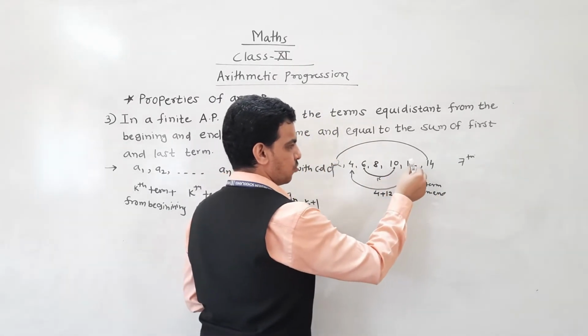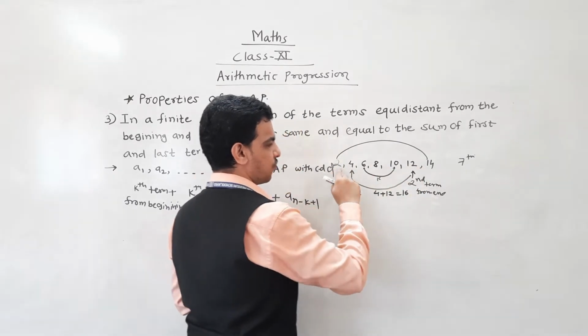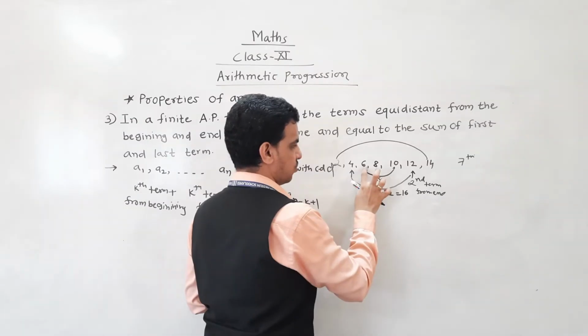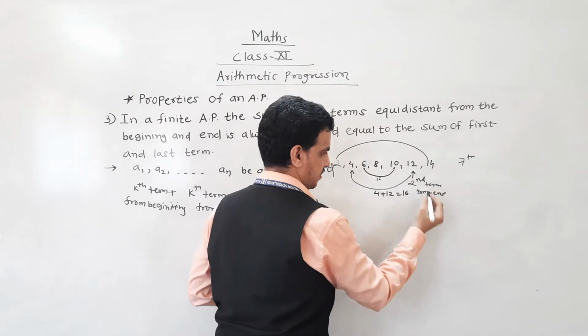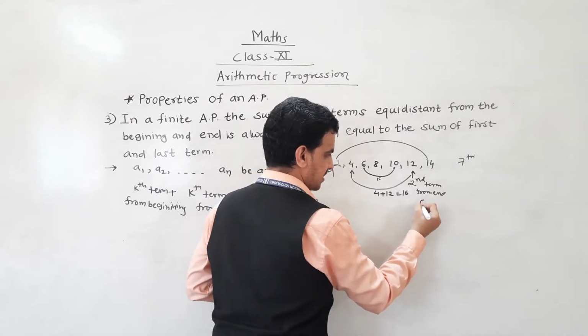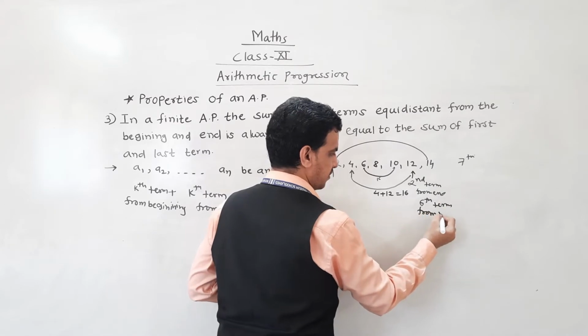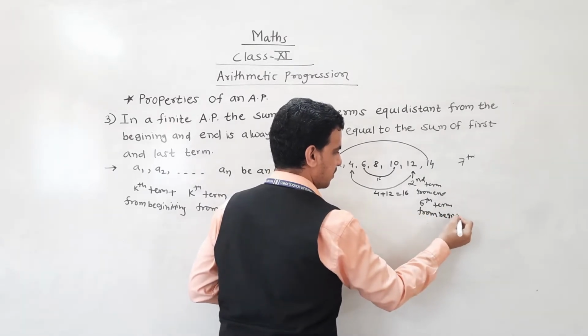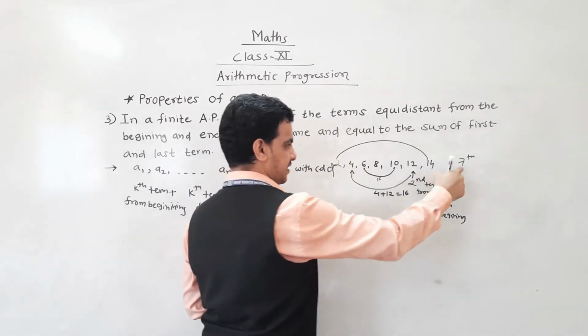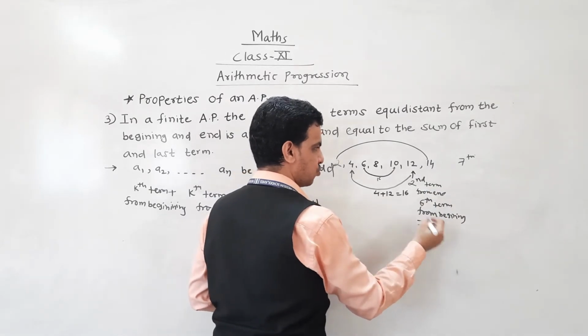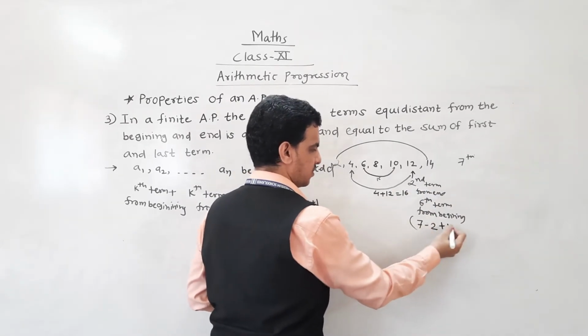And what is the position when we count from the beginning? That is 1, 2, 3, 4, 5, 6. So this is the sixth term from the beginning. So how do we get this number? That is 7 minus 2 plus 1.